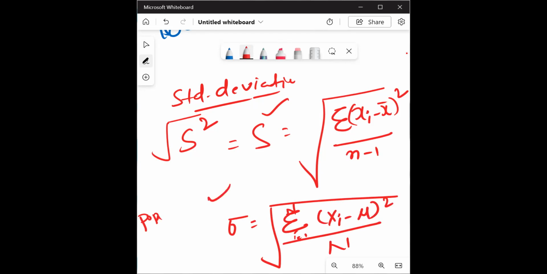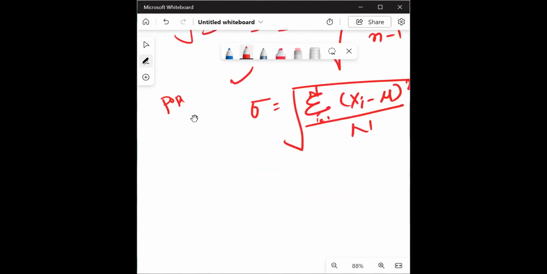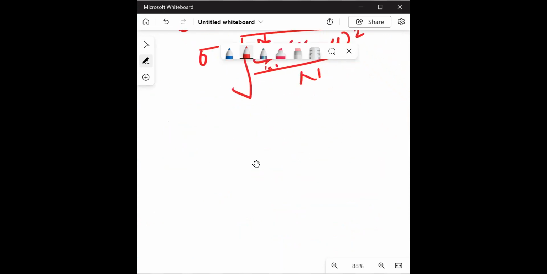First we calculate the variance, then we apply the square root for that. Okay, so that we can reduce the larger value to a smaller value. I hope you are clear on what exactly the use of the standard deviation is.